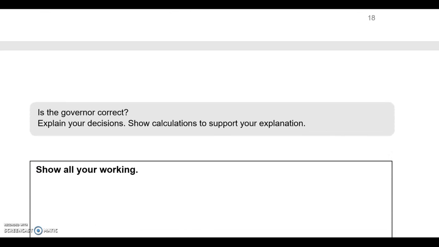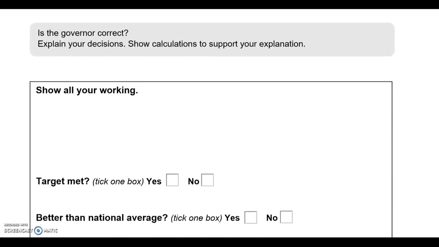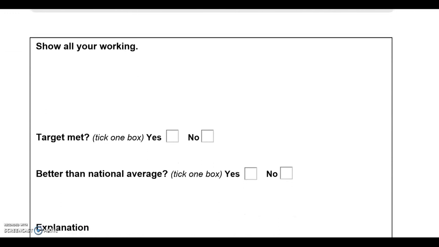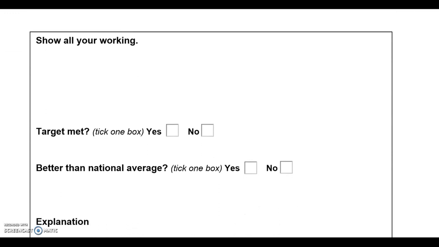Now we're going to have to write a comment, an explanation. Target met, yes.